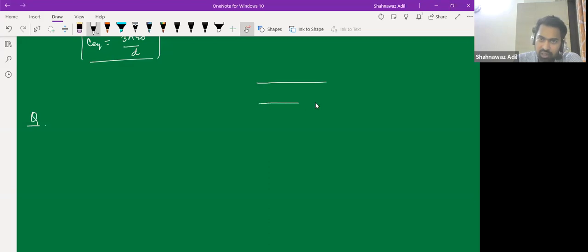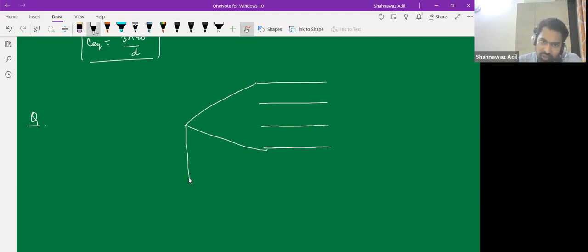Okay. So the next question is the same combination, but you see what happens. In this question, we will connect them in a different way. So now I connect this one and this one, this one and this one, with the positive terminal, and then I connect this one and this one with the negative terminal.